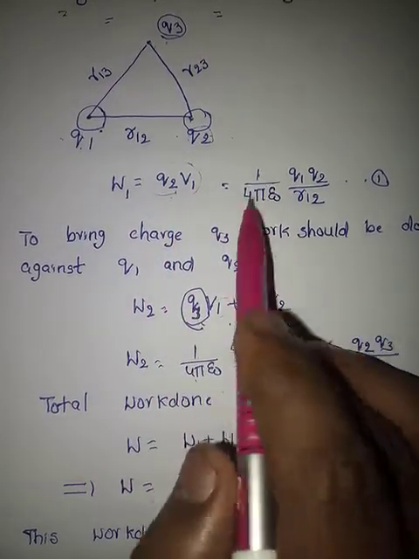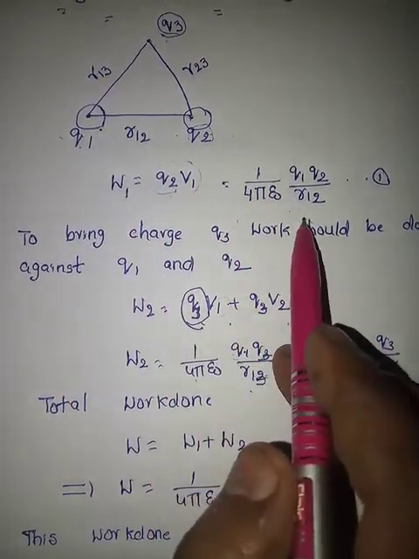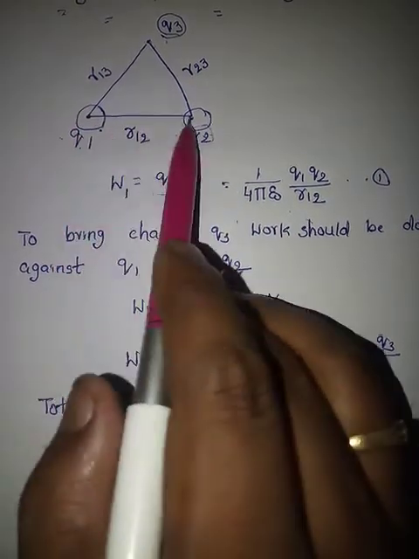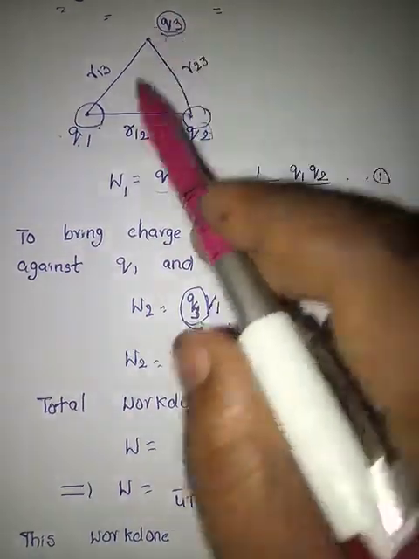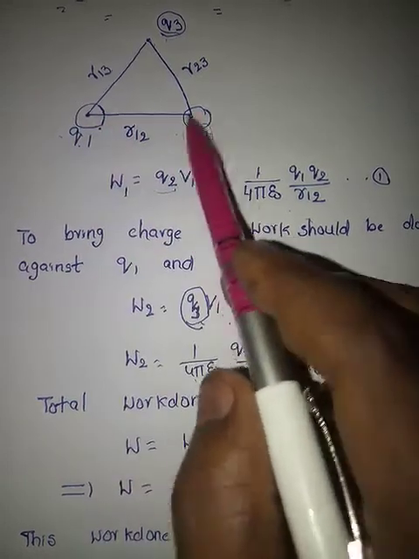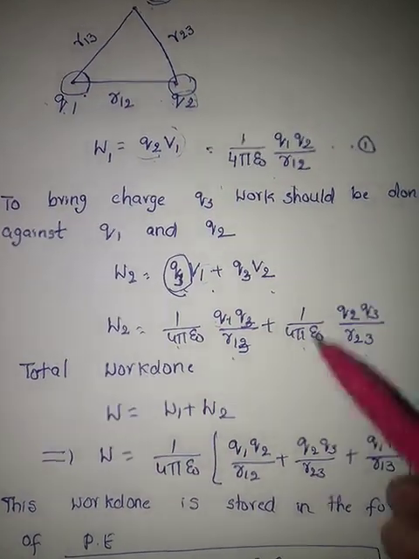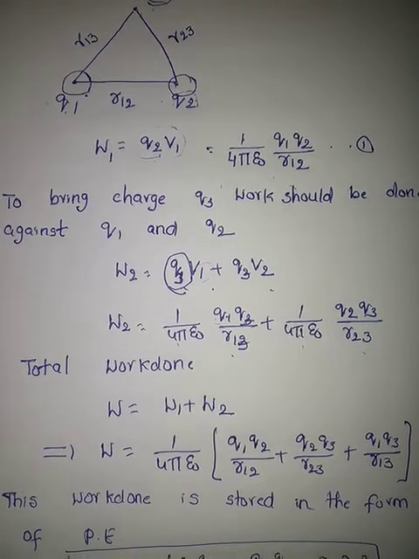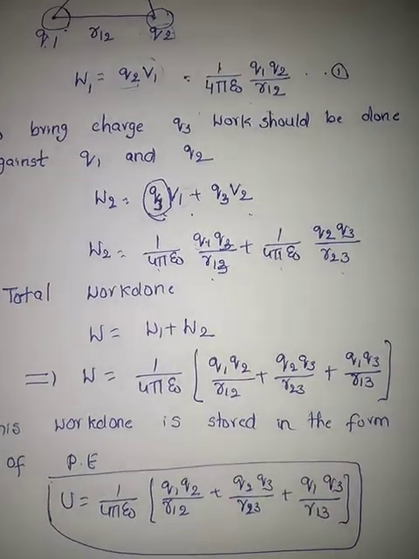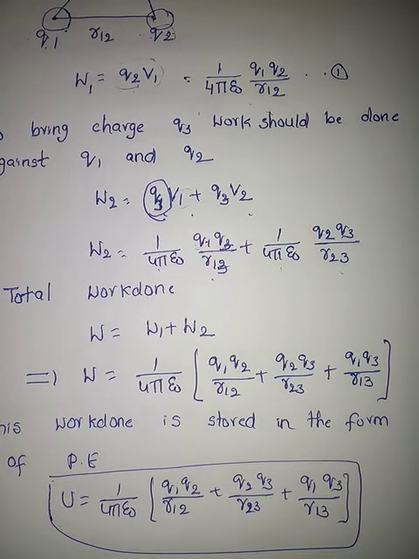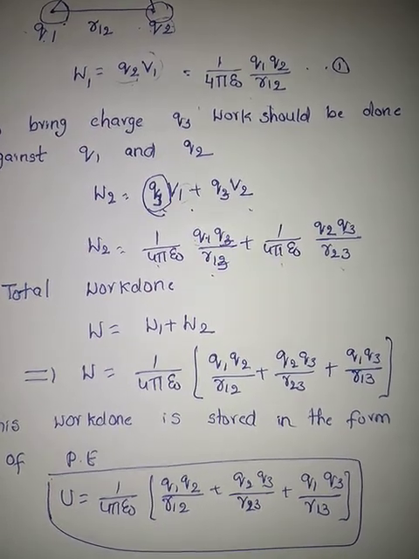What is V1? 1 by 4 pi epsilon naught Q1 by R12. Now 2 charges are present. One more charge has to be brought, so we have to do work against Q1 and Q2. So Q3 into V1 plus Q3 into V2. Substituting the formulas, the potential energy of the system of 3 charges is 1 by 4 pi epsilon naught Q1 Q2 by R12 plus Q2 Q3 by R23 plus Q1 Q3 by R13.